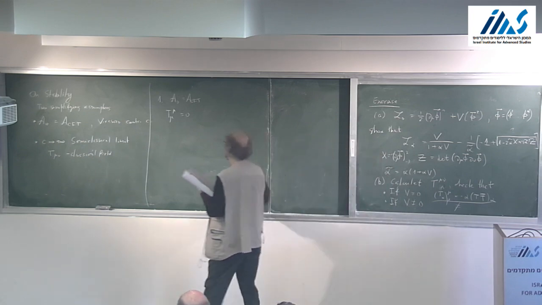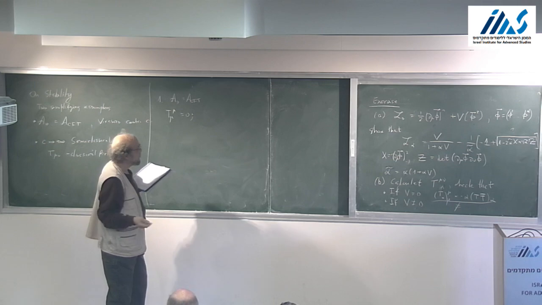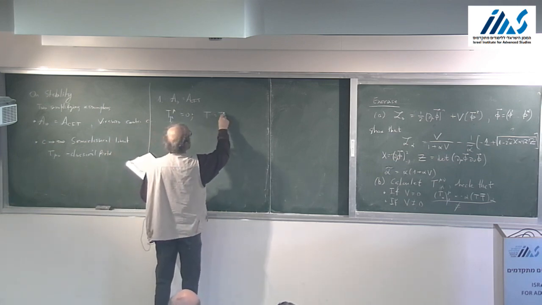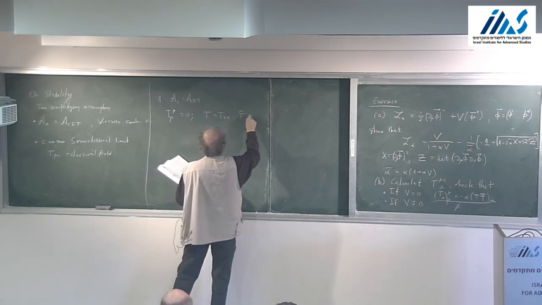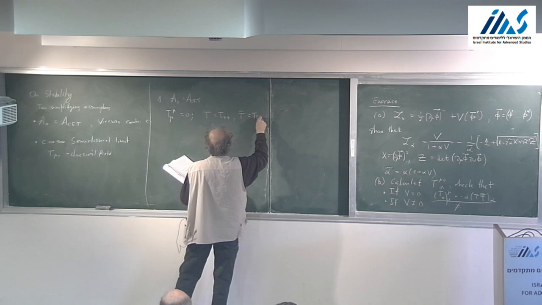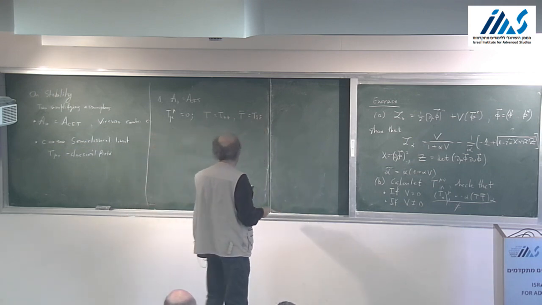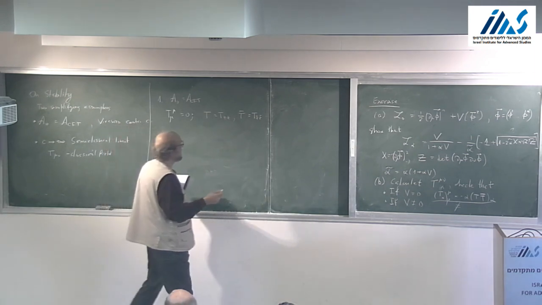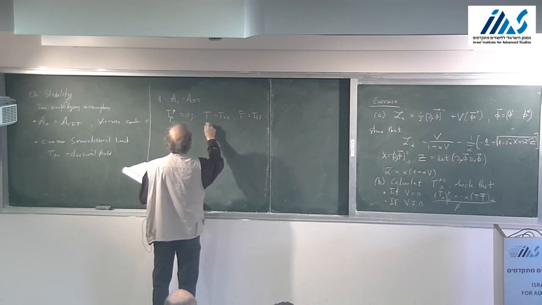Then in complex coordinates the energy momentum tensor has two components, T_zz, which I denote T, and T-bar, which is T_z̄z̄.